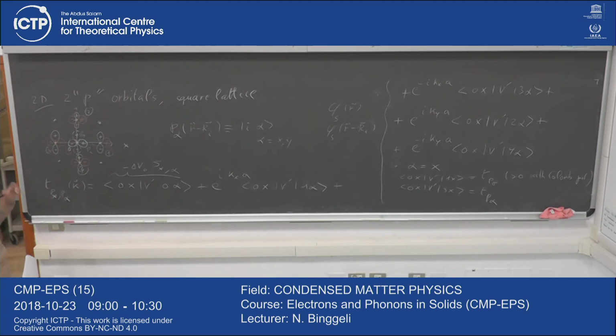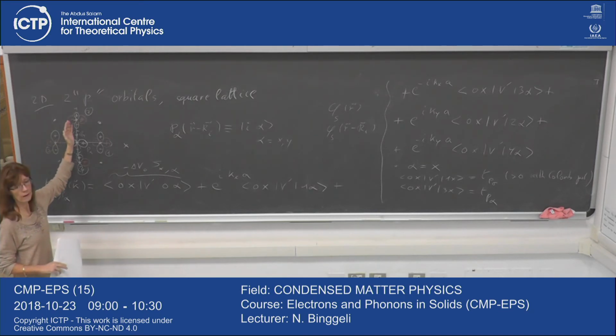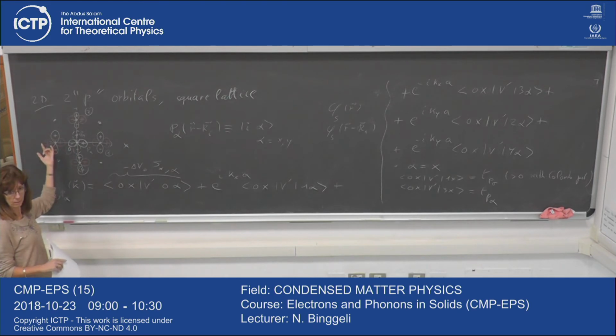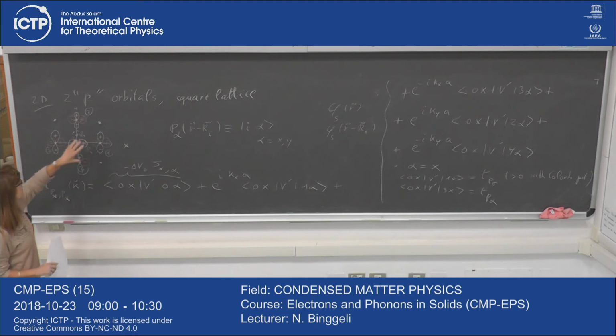And the reason is because I have a mirror reflection here that transforms this state and this state into minus this state and minus this state. Therefore, the product will have the same sign and the same magnitude in this region and the reflected region. And the crystal field transforms into itself by this mirror application.